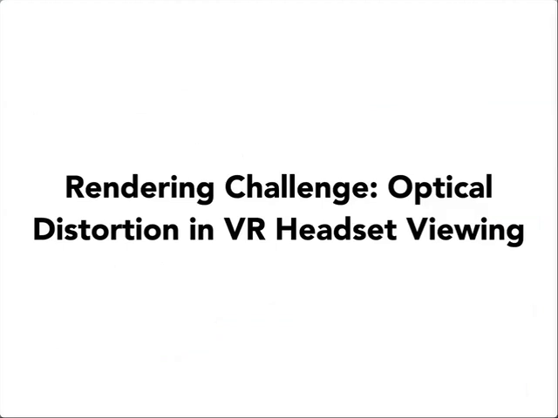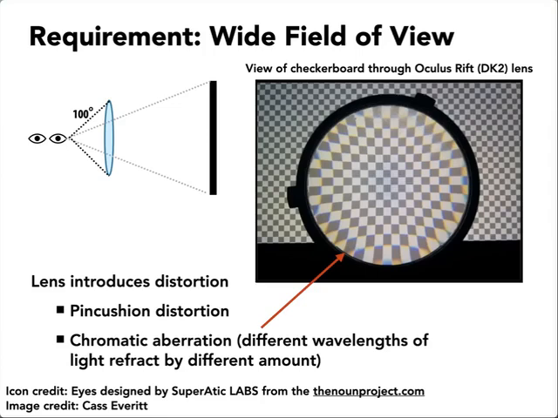Here's another challenge. Another rendering challenge is that optical distortion is a really core characteristic of VR headsets. So remember, there's a display and then there's a viewing eye lens or an eyepiece, each for your left and your right eye. And here's just a little photograph of that eyepiece in front of a display.